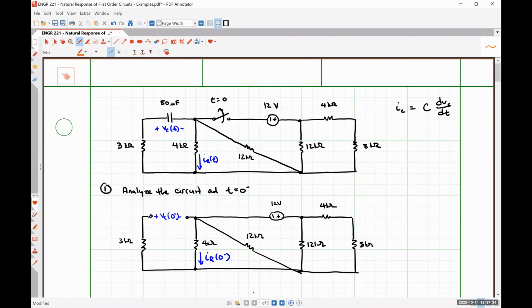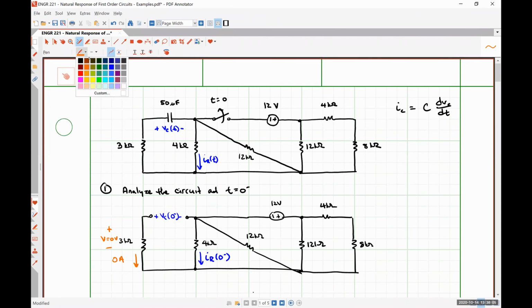So something that we might observe that may be helpful. What is the current flowing down through the 3 kilo ohm resistor? Can anybody tell me what that is? It'll be 0 because there's an open circuit, which means the voltage drop over the 3 kilo ohm resistor is also 0 volts.